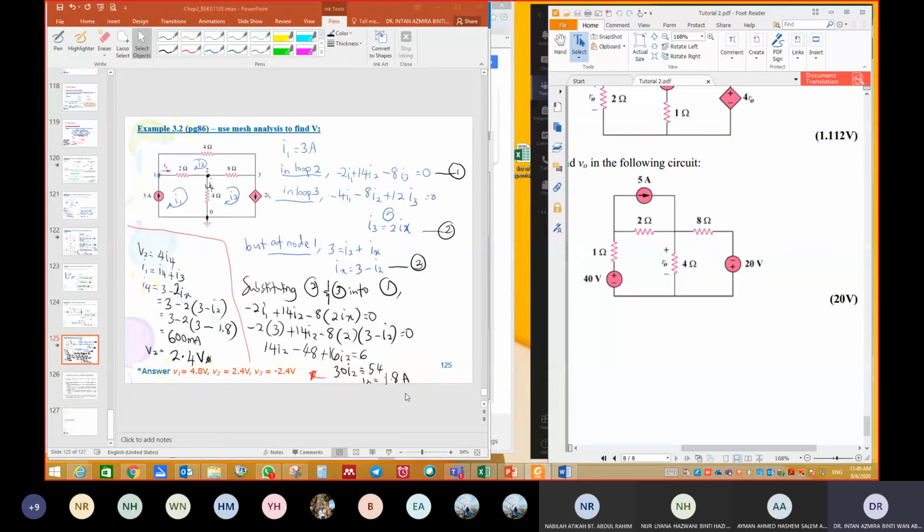Okay, how many loops we have? There are three loops, but the loop here we no need to find because we already have the value of current.